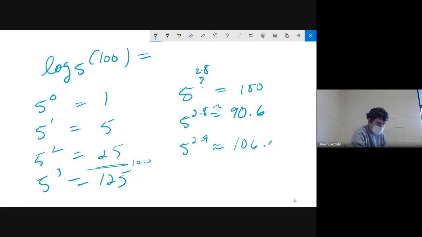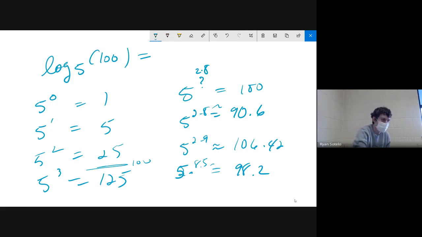So you can kind of estimate, maybe 2.85. Raise 5 to the 2.85, I get about 98.2. So you can kind of approximate that way.